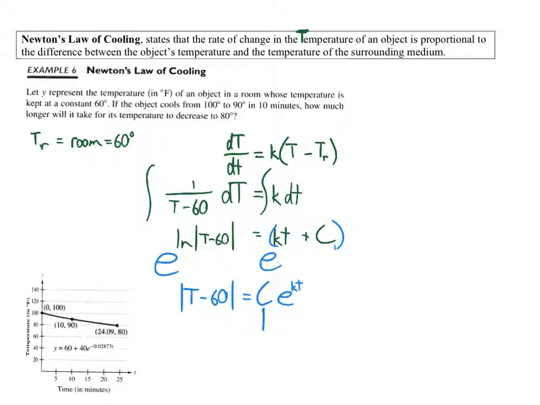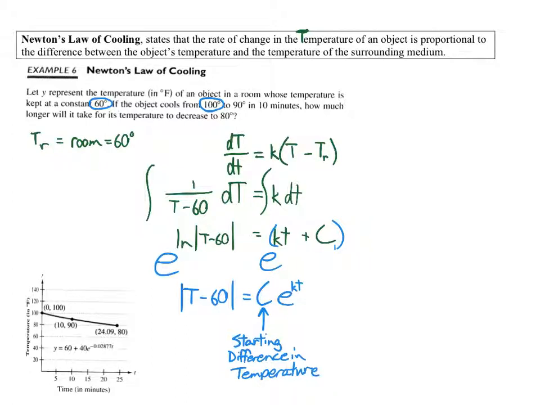Now that constant is the starting amount, but understand here that, because I have this T minus 60 over here, we're talking about differences in temperature. So this is the starting difference in temperature, which in this case is going to be from 100 to 60, so 40.